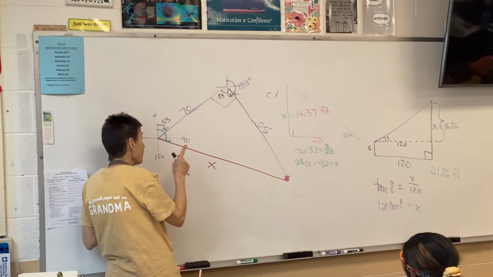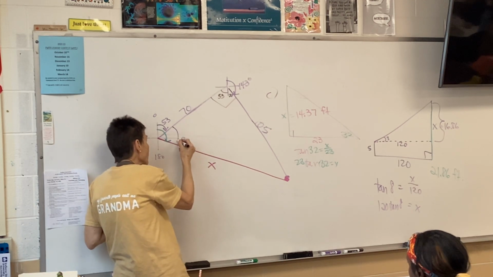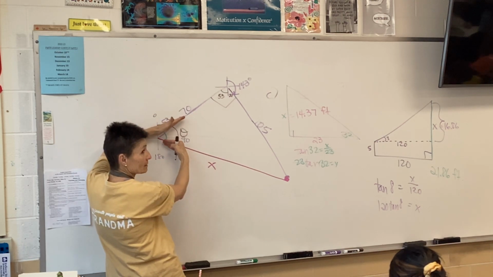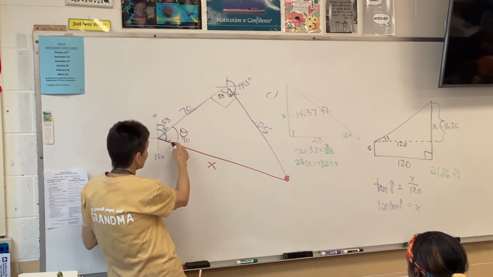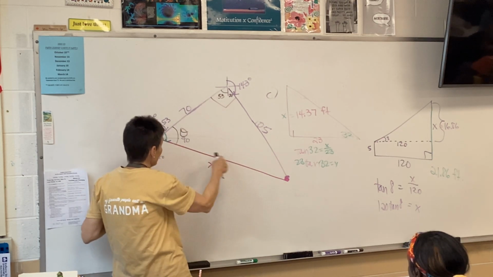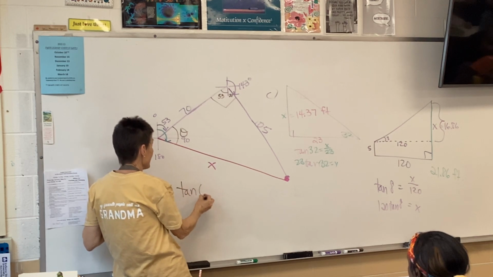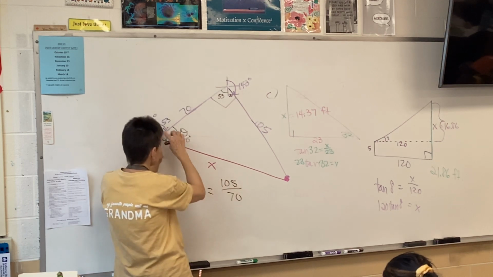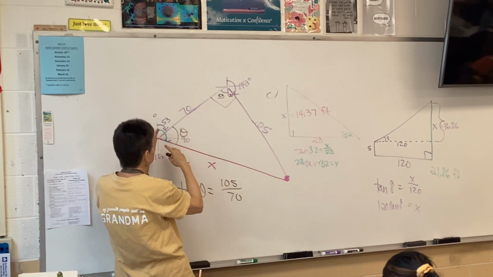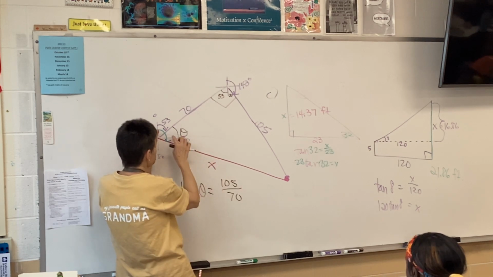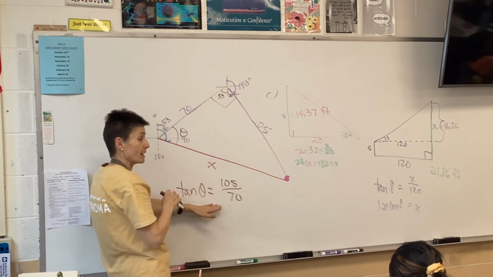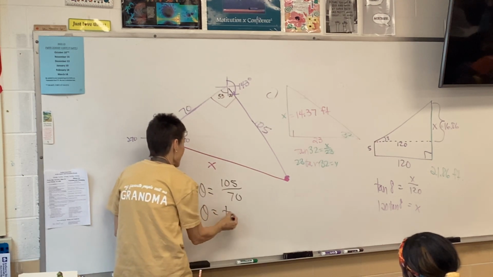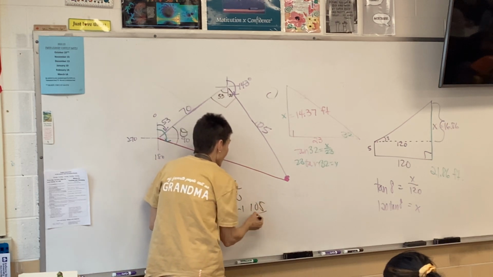So now, like you said, let me call this brown angle theta, the whole big brown angle made by purple and pink. This is my right triangle, kind of upside down. This is the hypotenuse. This would be opposite and adjacent. So can I say tangent theta equals 105 over 70? So second tangent, 105 over 70.